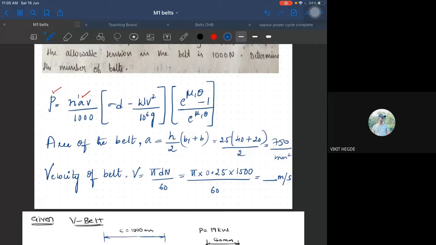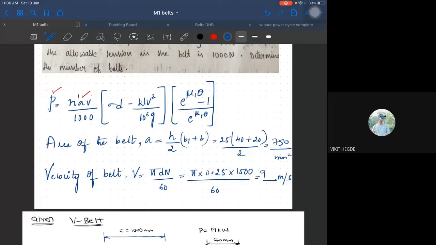Please do calculate it. Okay, 19.63 is the velocity.